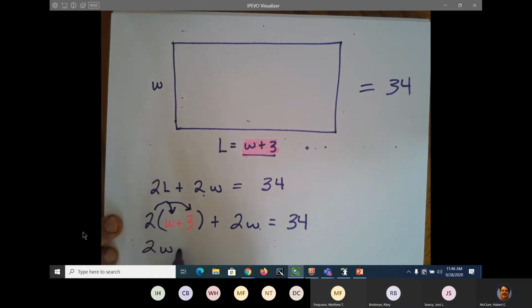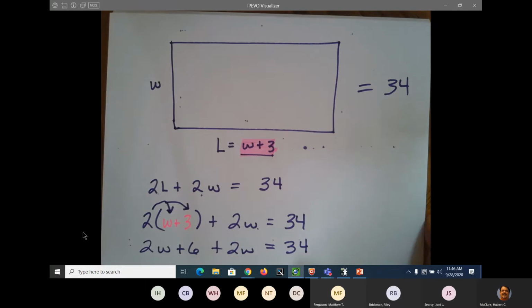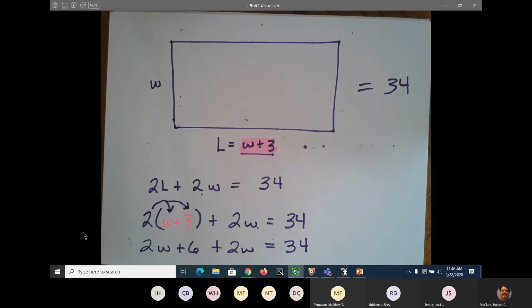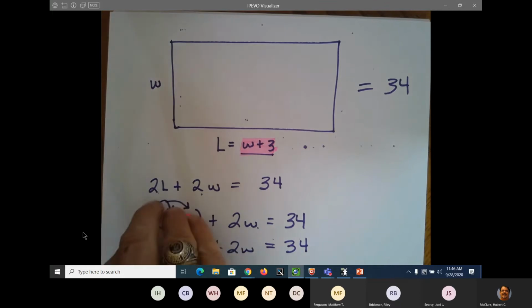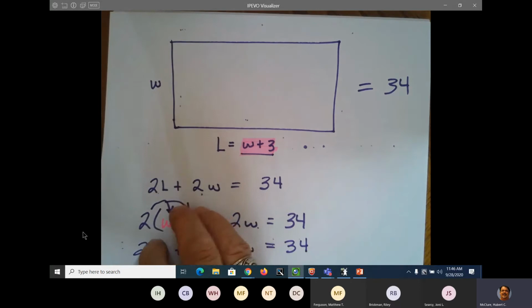2W plus 6 plus 2W is equal to 34. I'm going to half this because I want to keep it.